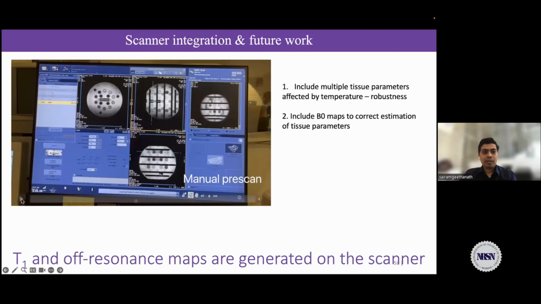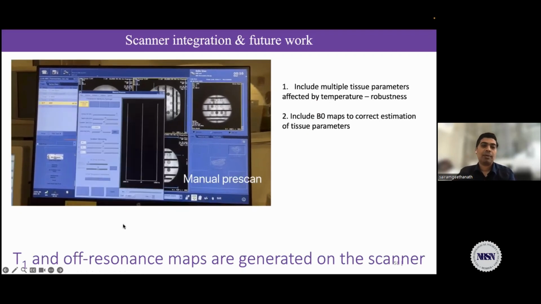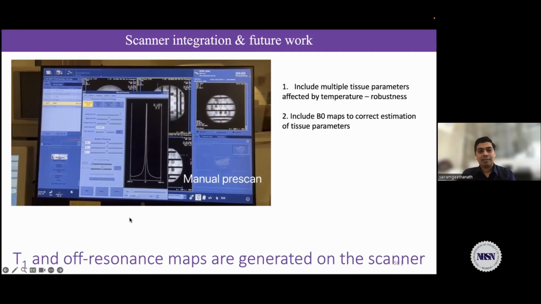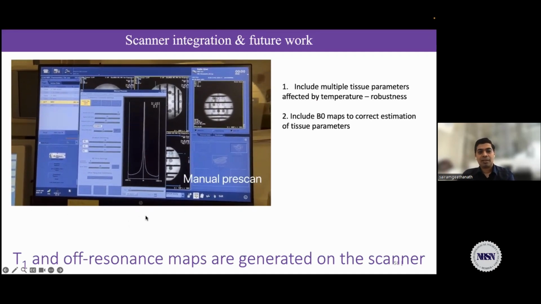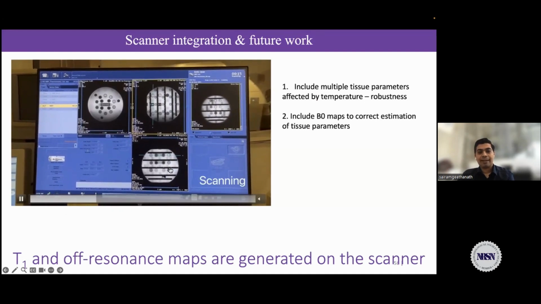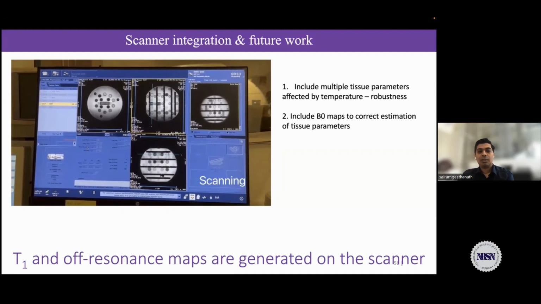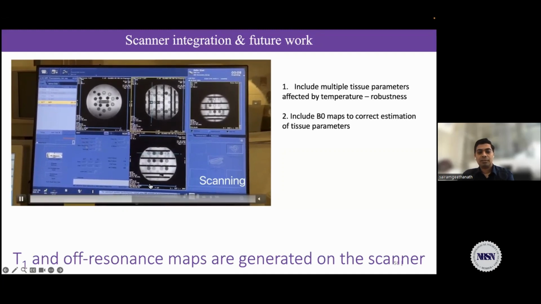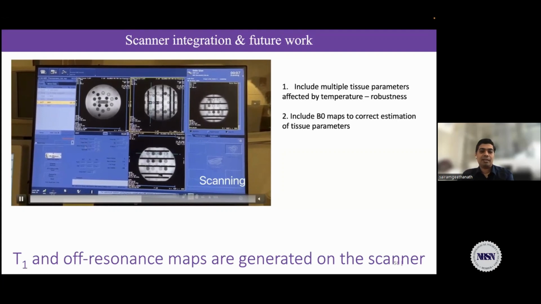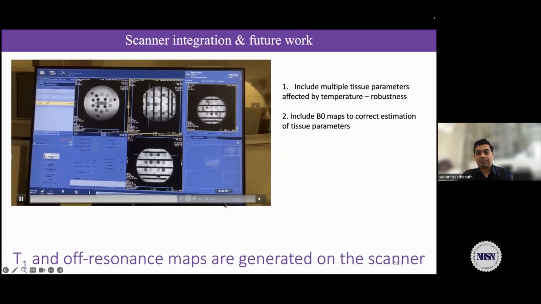This is a quick video showing that we integrated the MR fingerprinting based thermometry into the scanner. Not extremely relevant unless you intend to use this right now, but it is something we've been able to do on the scanner and integrate as part of the workflow so that people don't have to use this outside.